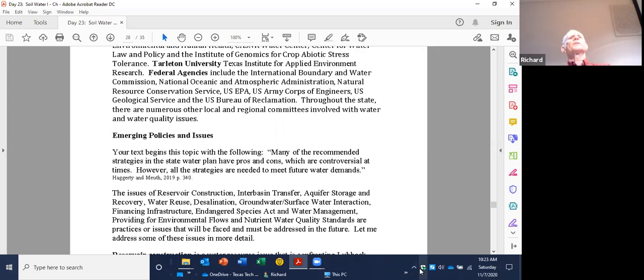And this is where I think you as master naturalists need to come in. Anytime there's a controversy, hopefully we can all agree on the facts, but we have differences in opinion on how to come up with plans. You as master naturalists, hopefully will use those facts and advocate for nature.